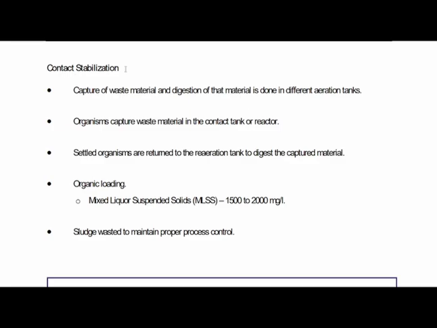Contact stabilization captures waste material and digestion of that material is done in different aeration tanks. Organisms capture waste material in a contact tank or reactor. Settled organisms are returned to the re-aeration tank to digest the captured material.